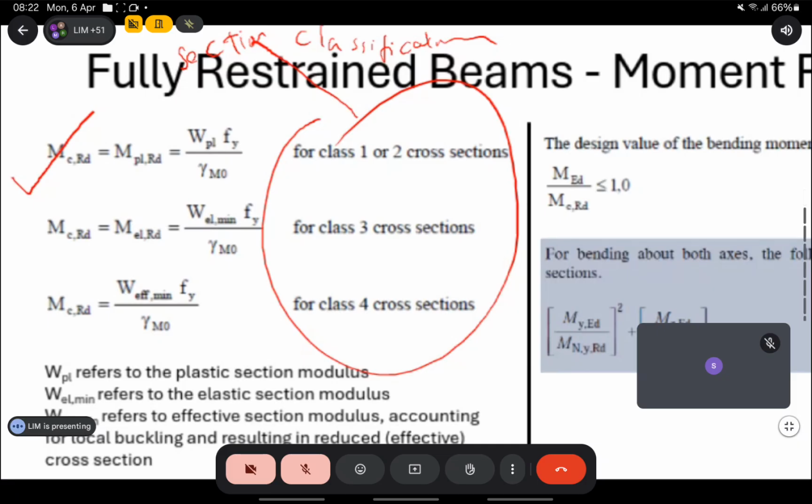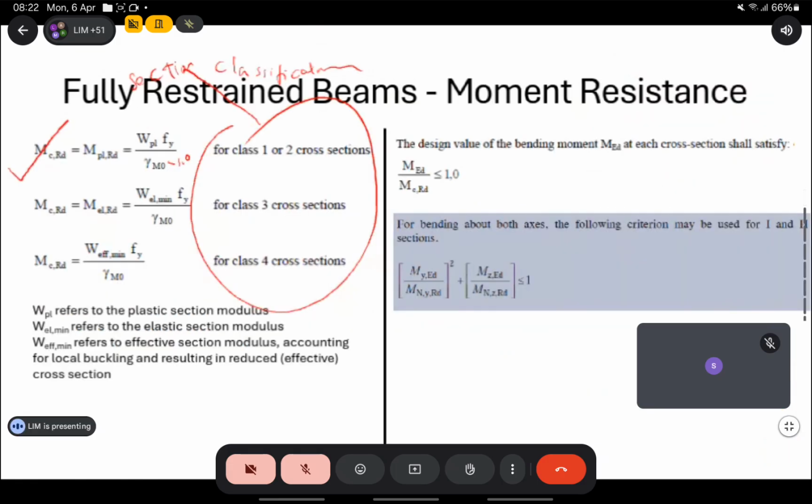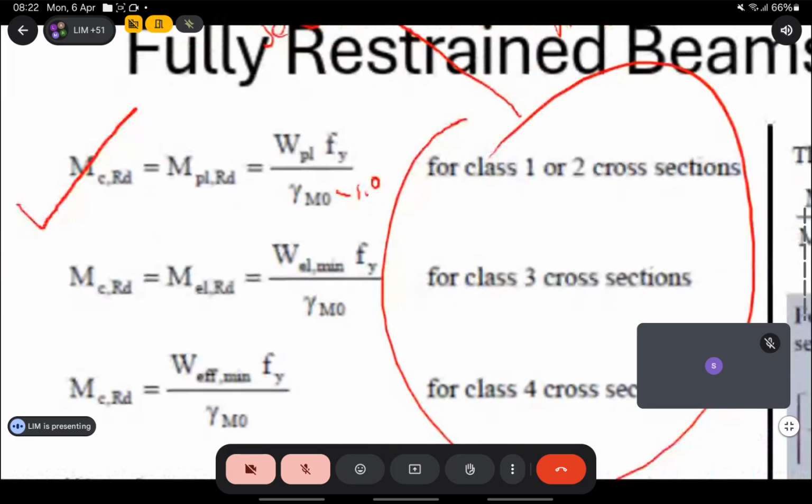If you look at the previous page, gamma M naught, for resistance of cross section, is 1. Simple. So now you just need to know what is WPL and what is Fy. Fy is your beam strength. There's a table I showed you last week.